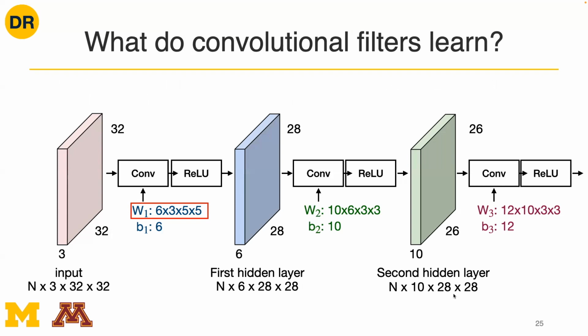This should be 26 by 26. Yes, thanks for pointing that out. I'll fix that. Right, it's 6 channels, so it would be like a 6 by 1 vector.